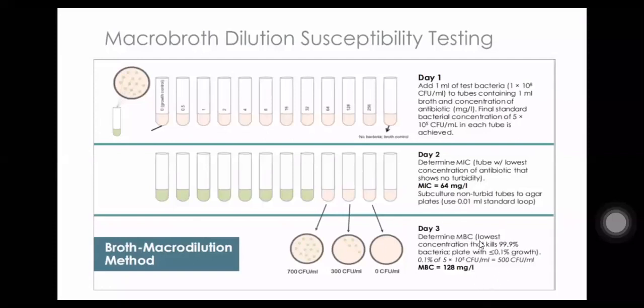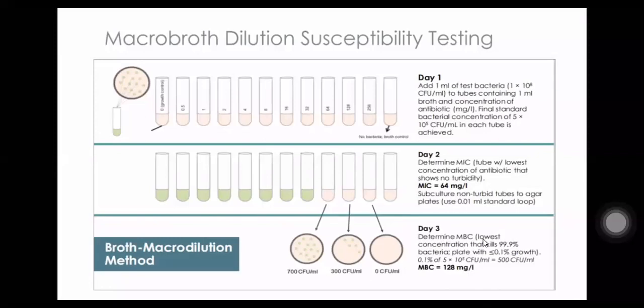So, determine the lowest concentration that kills 99.9% of bacteria with 0.01% growth. MBC is the minimum bactericidal concentration. When you say bactericidal, it means the bacteria are killed.